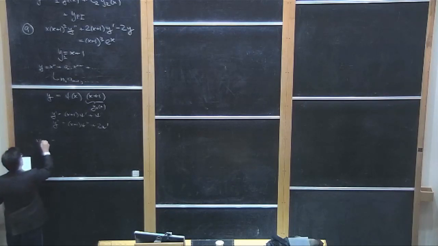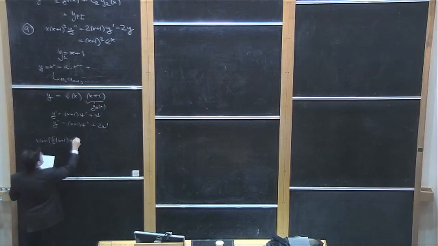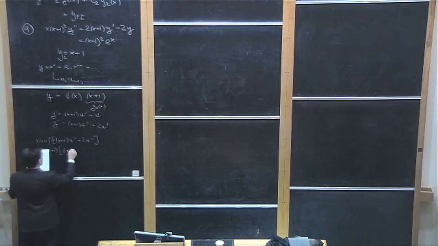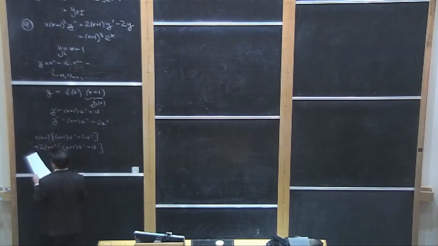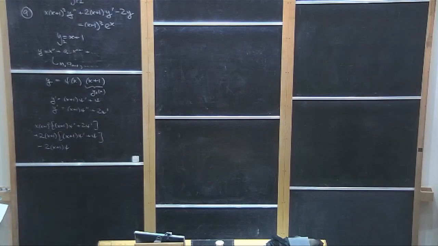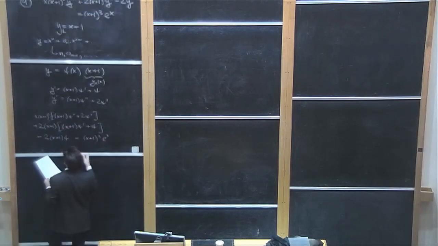So x plus 1 squared, x plus 1 psi double prime plus 2 psi prime, that's this, plus 2x, x plus 1 psi prime plus psi, that's that, minus 2 x plus 1 psi, that's the last term, equals 2 x plus 1 cubed e to the x.